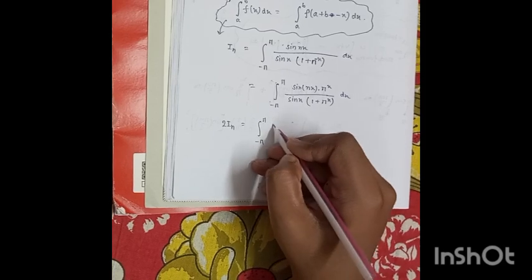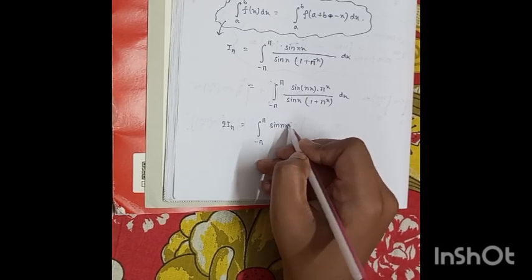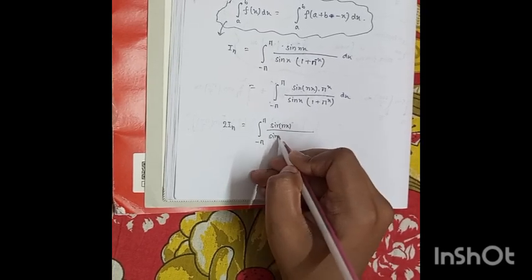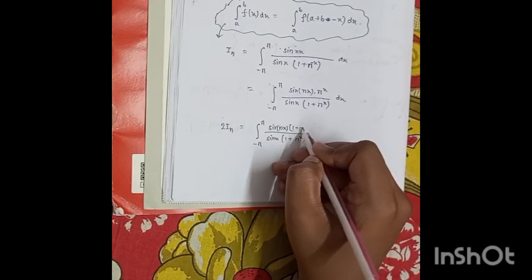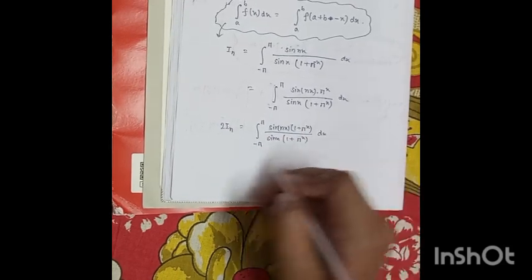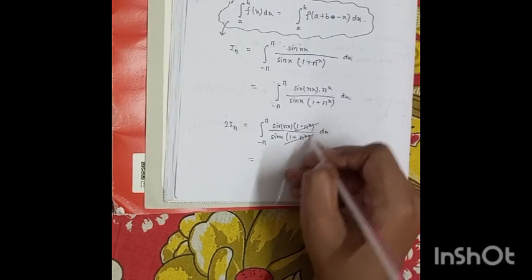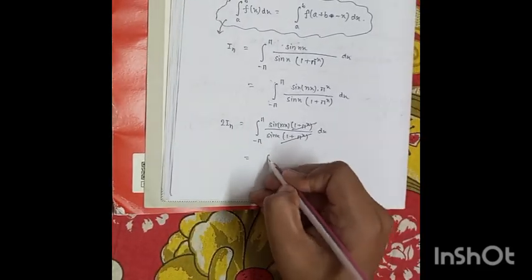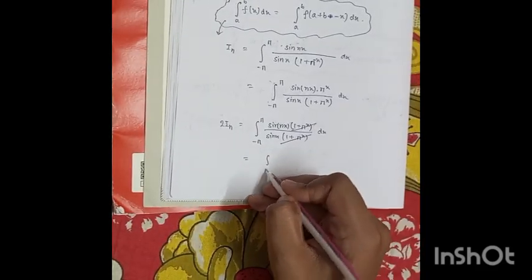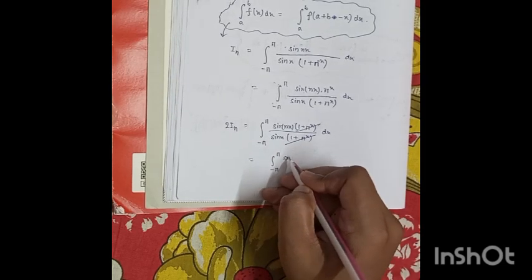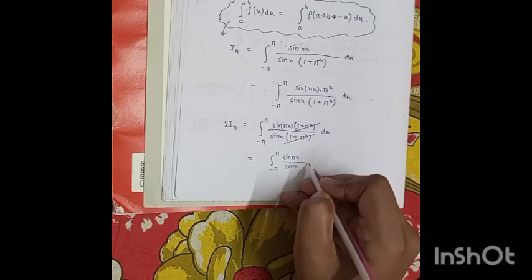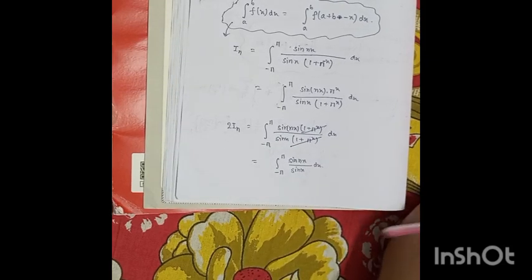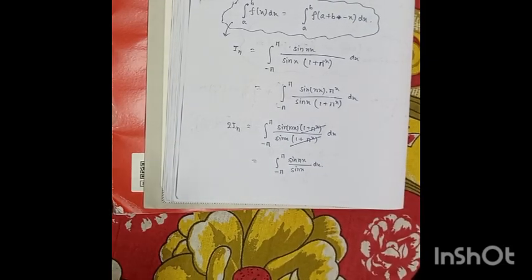Integral from minus pi to pi of sine of nx by sine x into 1 plus pi to the power x, and again 1 plus pi to the power x in the numerator. So this will cancel each other, and we are simply left with the integral from minus pi to pi of sine of nx by sine x dx, this part.